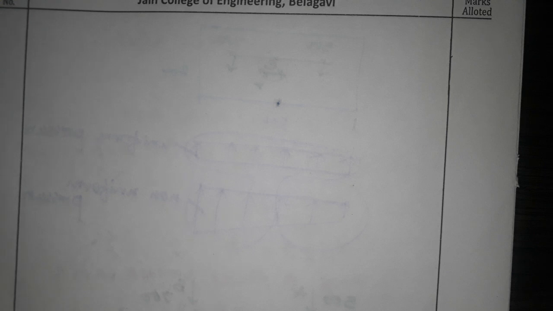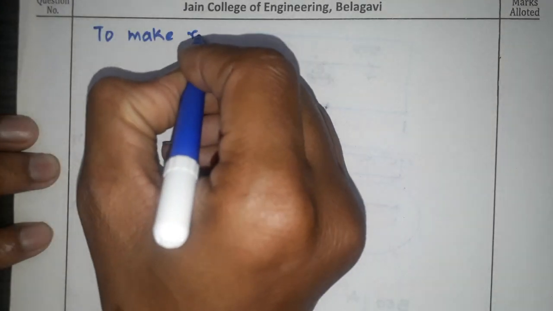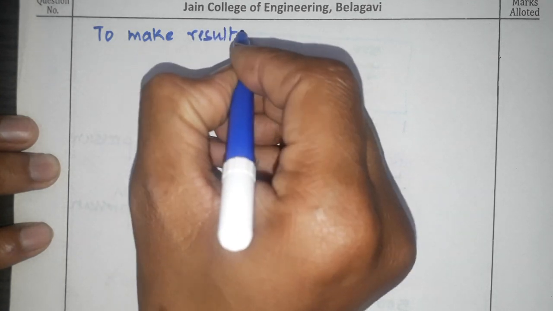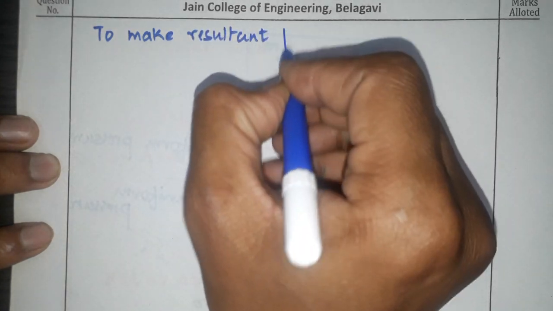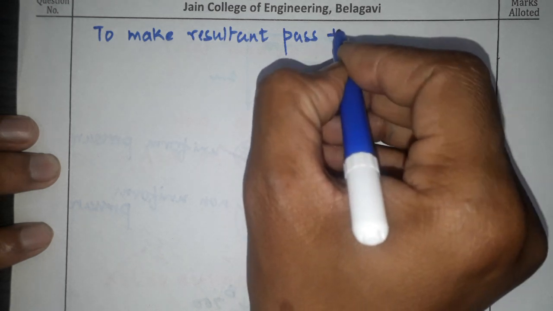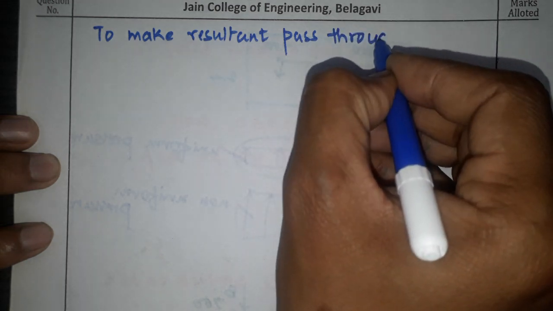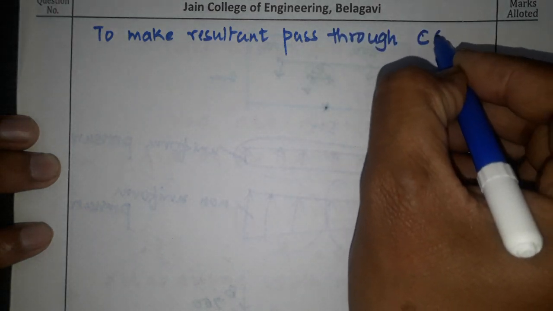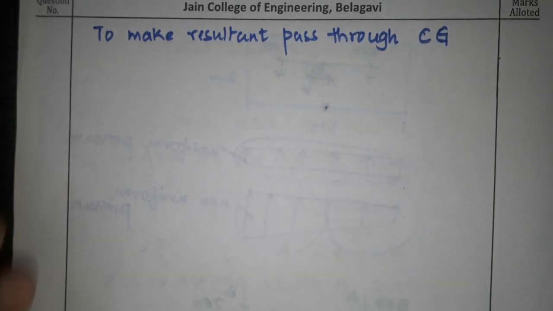Now, to make the resultant pass through the CG, what do you have to do?